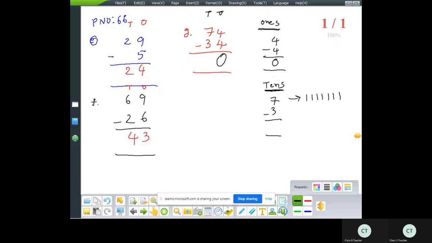From 7, we remove 3 lines. 1, 2, 3. After removing 3 lines, there are 1, 2, 3, 4 lines. 7 minus 3 is equal to 4. Write this answer 4 in the 10 place. 40. 74 minus 34 is equal to 40.